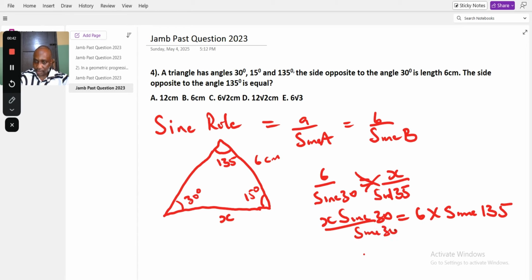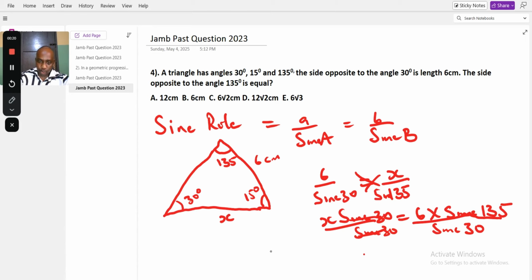Sine 30 here, sine 30 here, they cancel. So x has stood alone now. We now substitute: x equals 6 times sine 135 divided by sine 30.